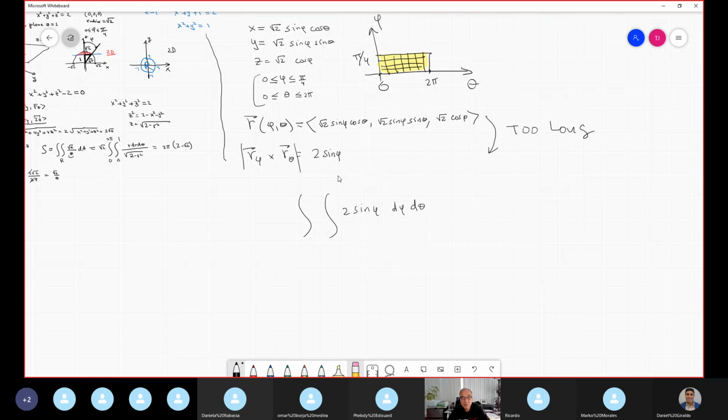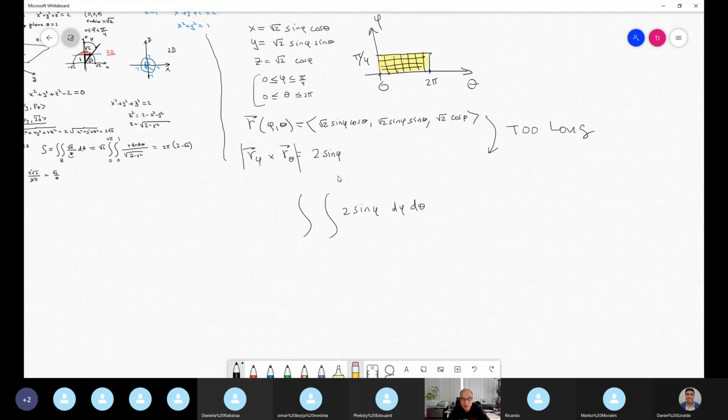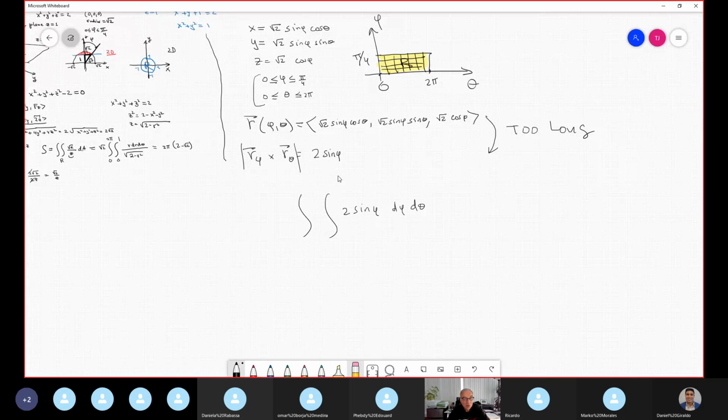And no Jacobian, because we are doing the setup of the double integral in the phi theta plane, in that region. So we don't change variables from xy to polar. And phi varies from 0 to pi over 4, and theta goes from 0 to 2 pi.